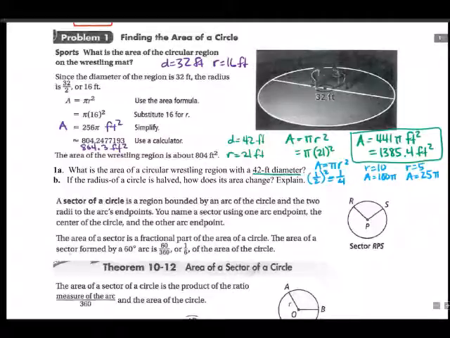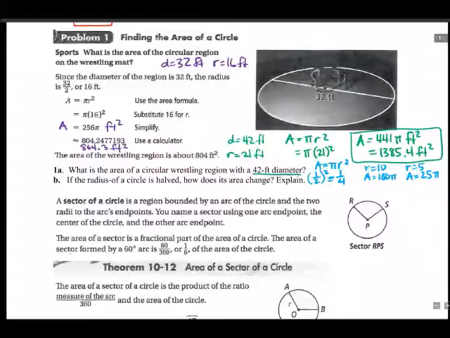Next question said if the radius is halved, how does that change the area? Well, we know that area is pi r squared. So if we're going to half it, we have to square that. It's going to be 1/4. If you half the radius, it's 1/4 of the area. And again, that's because area is squared.